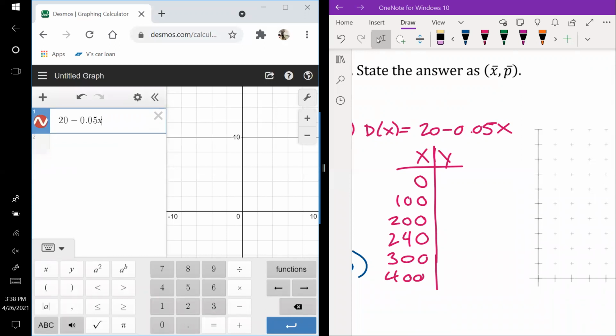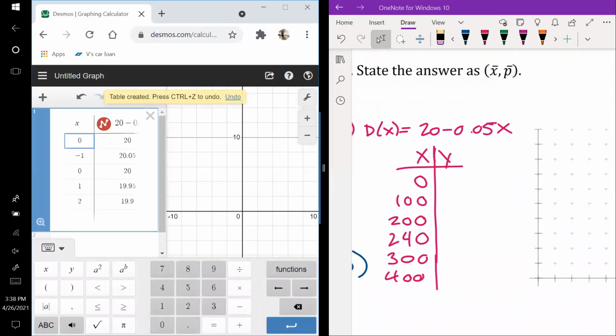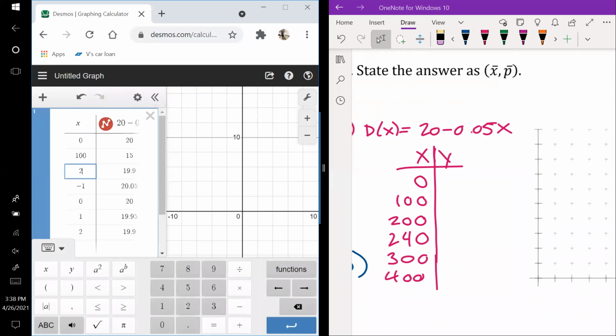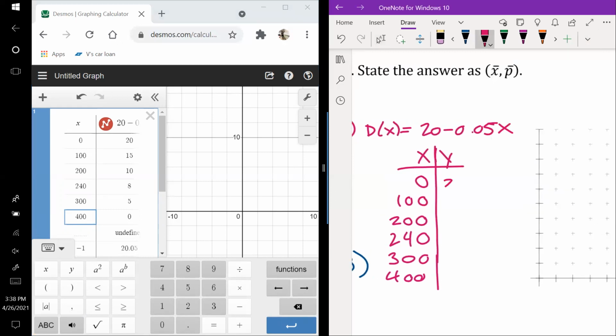And then I'm going to hit the table button and type in those values. 0, 100, 200, 240, 300, and 400. And look at that, we get a 0. So my XY chart is 20, 15, 10, 8, 5, and 0.